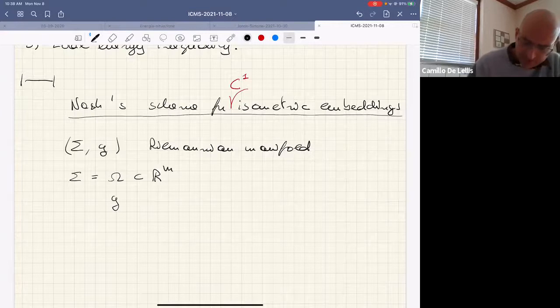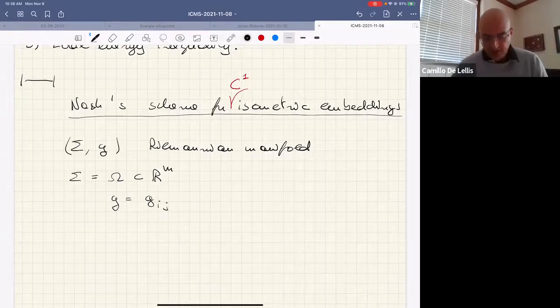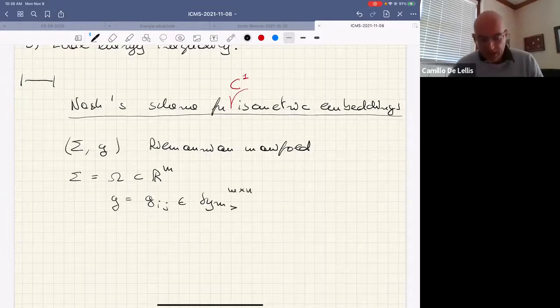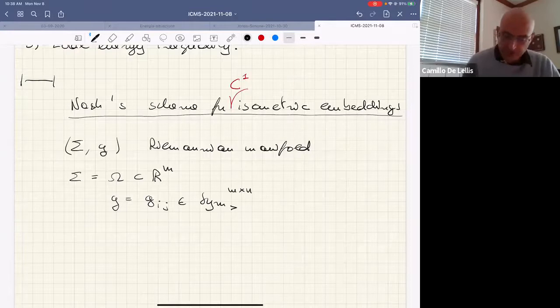Which means that g is just a symmetric m times m matrix field, which is positive definite. Okay, and these coefficients g_ij, which give you the entries of the symmetric matrix, vary as I vary the point x in Ω.